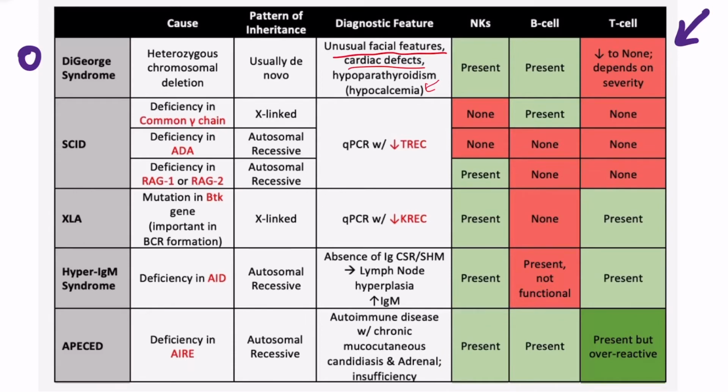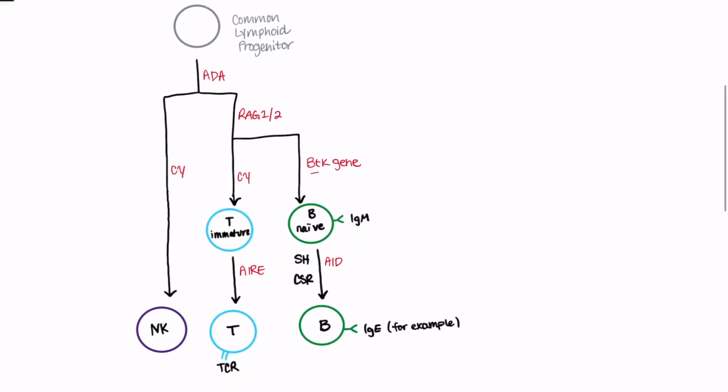So SCID stands for severe combined immunodeficiency, and it can actually result from three different kinds of deficiencies: either a deficiency in common gamma chain, ADA, RAG1, or RAG2. Let's go back to our diagram really quick. As I previously mentioned on the chart, you can get a deficiency in either ADA, RAG1 or RAG2, or common gamma chain.